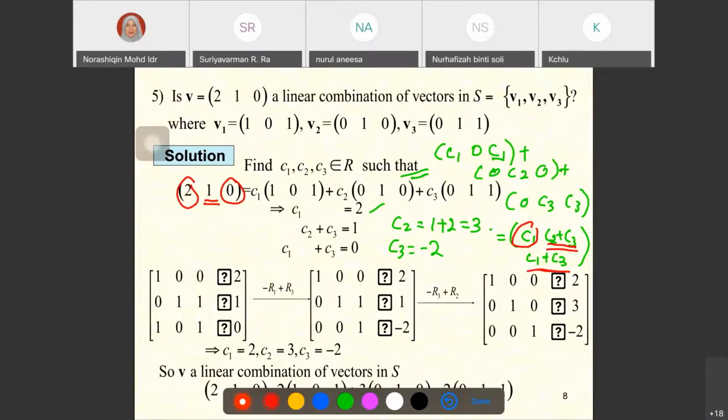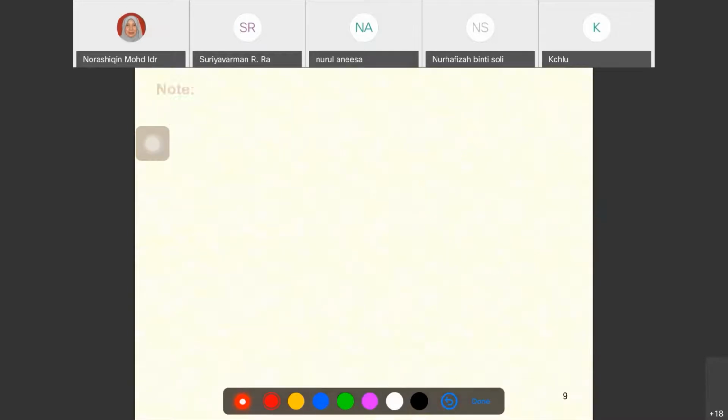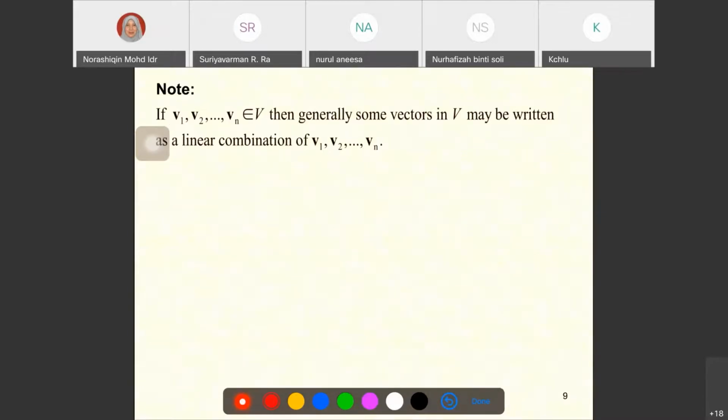Okay. Other question from other students? Nope. I think we're good. All right, good. So let's go ahead. So we can see from the example that generally some of the vectors in B can be written as a linear combination of the other vectors in B. Okay, but some may not.